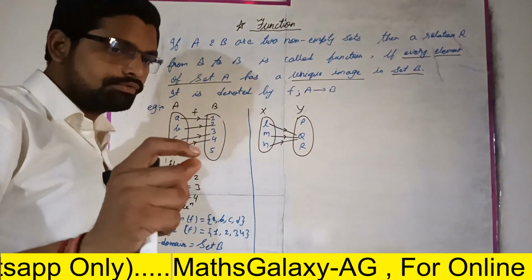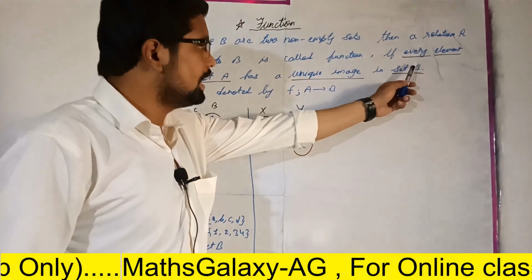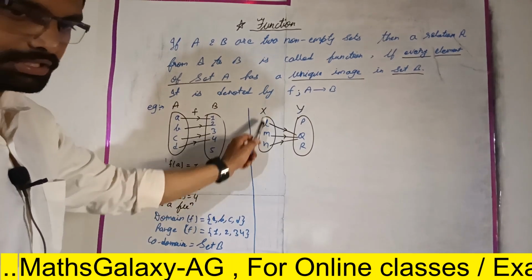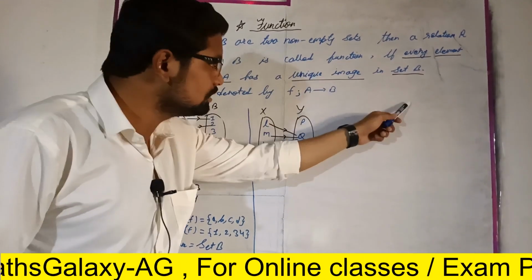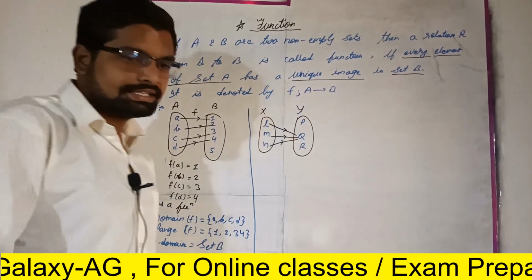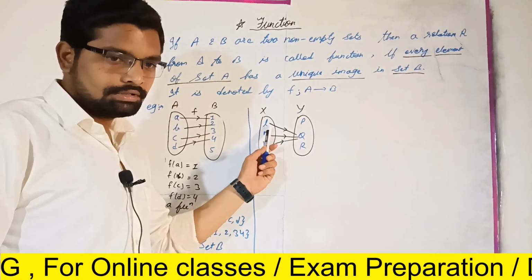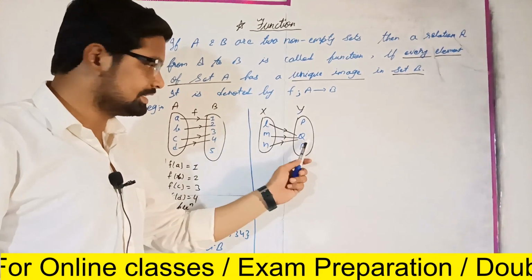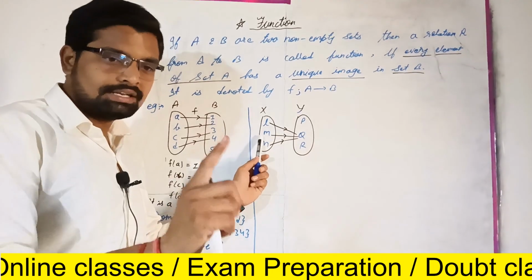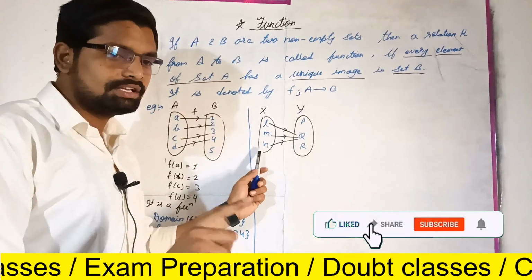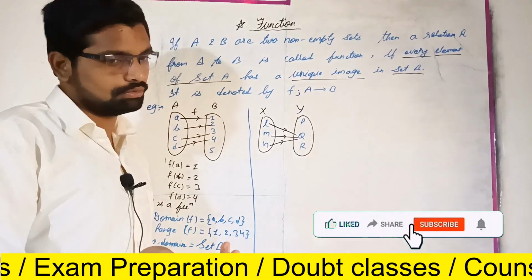We just have to focus on one point: every element of set A, every element of the first set, has a unique image in set B. As you can see here, how many images for L? There is only one image for L, that is Q. There is only one image for M, that is Q. There is only one image for N, it is Q, right?